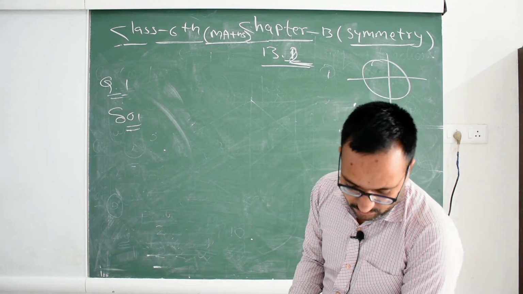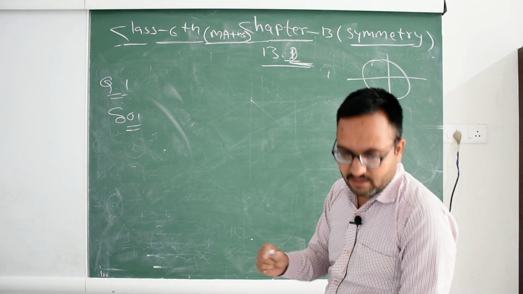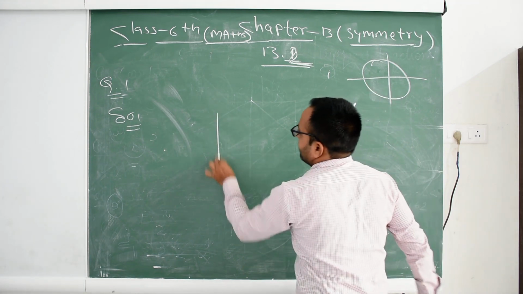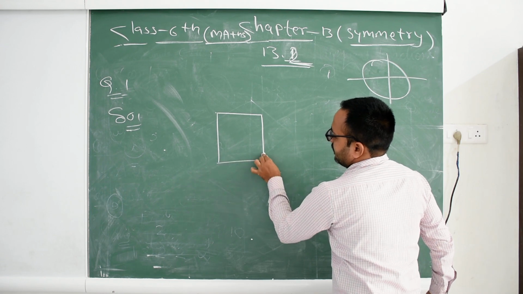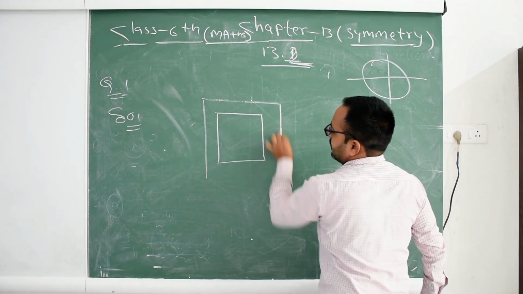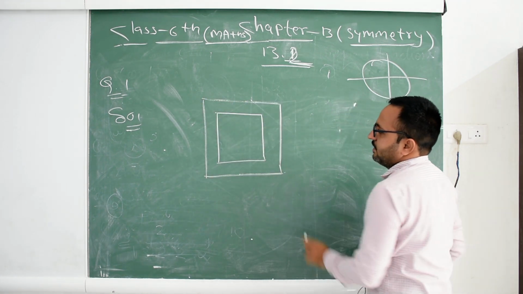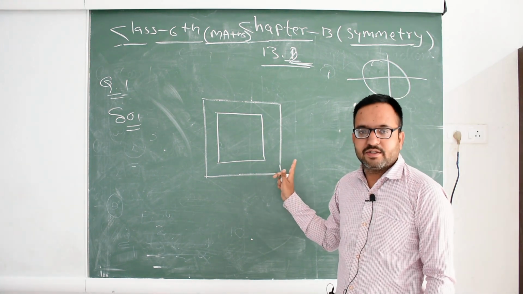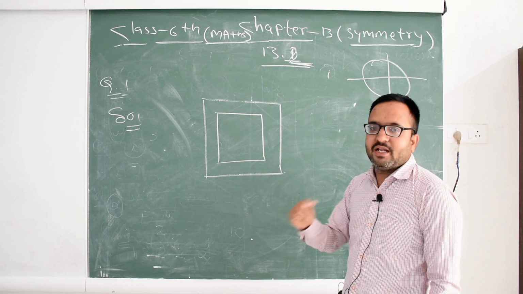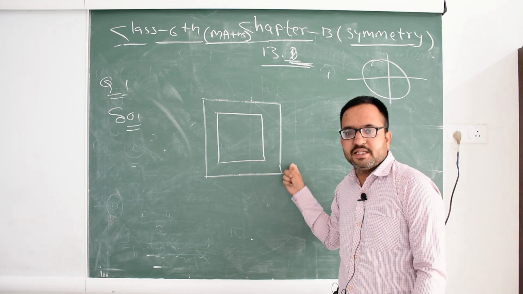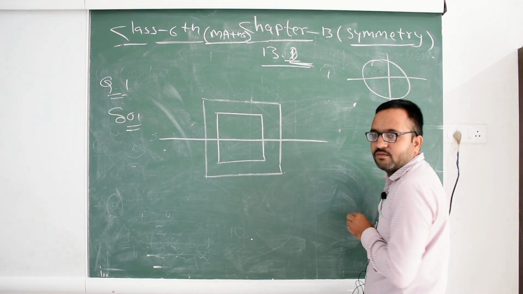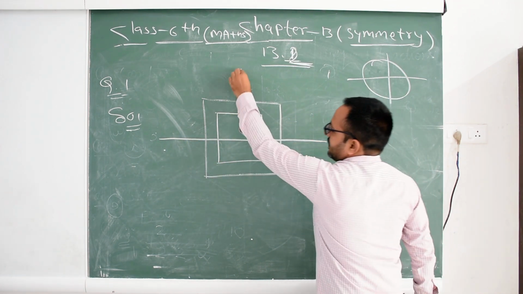Okay, for question number 1, find the number of lines of symmetry for each of the following shapes. We have a figure like this. Okay, now we see this is a square pattern figure. So how many lines of symmetry can we draw in this shape? First of all, we draw the first line of symmetry.